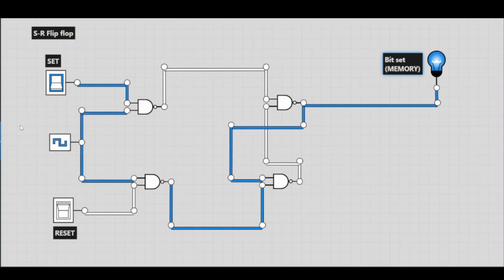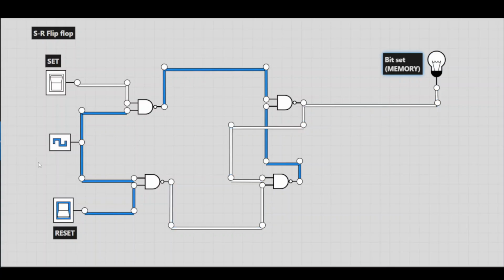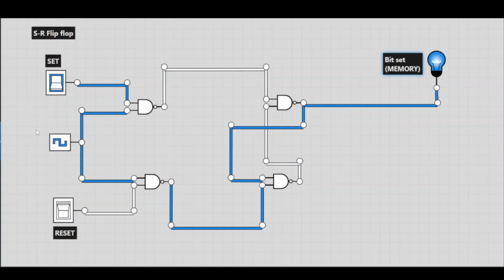Notice I just put it set high, and now when the clock signal went high, it is allowed to store that bit of memory. Now that bit is set, and when I go to press the reset, it will not reset it until the clock signal allows it. So let's watch that one more time. So I'm going to turn that off, and then go back up, press the set, and it will save the signal as soon as the clock signal goes high.